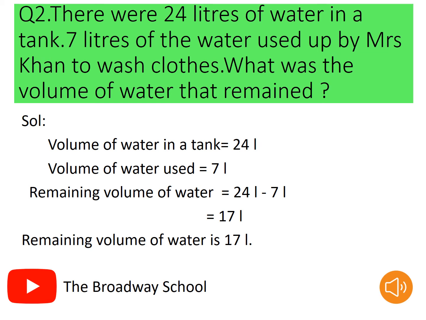Second statement will be volume of water used 7 liters. Remaining volume of water is equal to question mark, that we need to find out. Then solution, 24 liters minus 7 liters is equal to 17 liters. So your final statement will be that you need to write remaining volume of water is 17 liters.